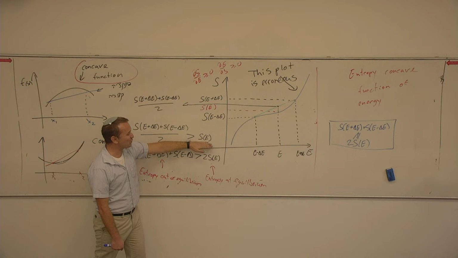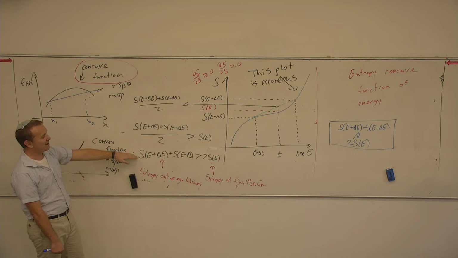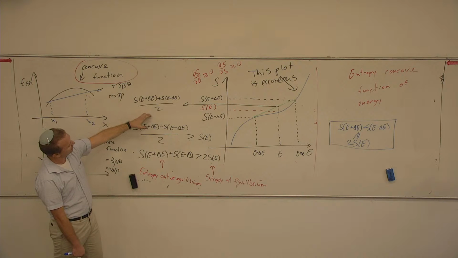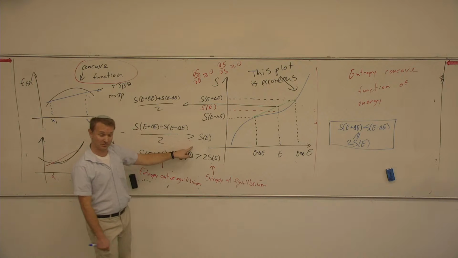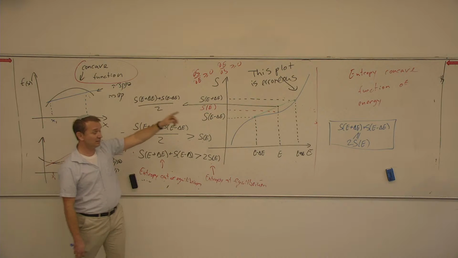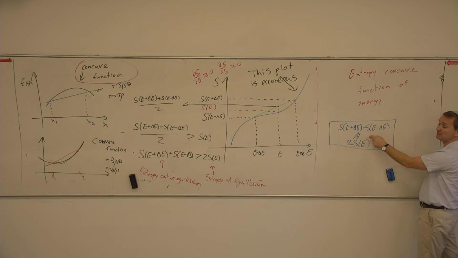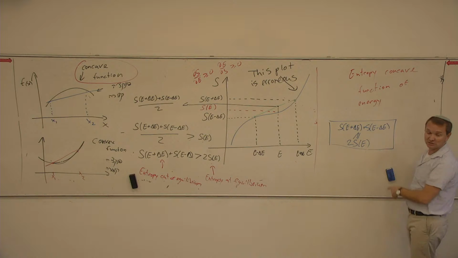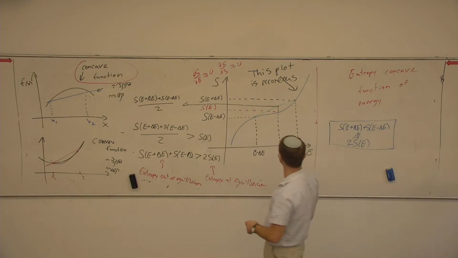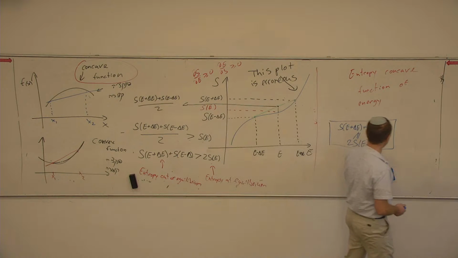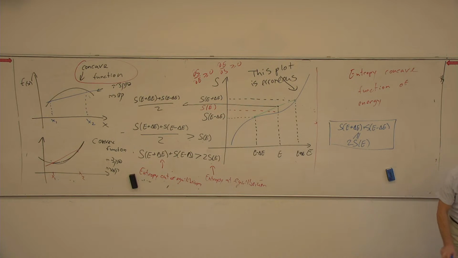You're going to get basically an equality, not an inequality. Okay, and due to this equality, this property of maximum of entropy is going to be satisfied. Okay. All right. So this always has to be the case.